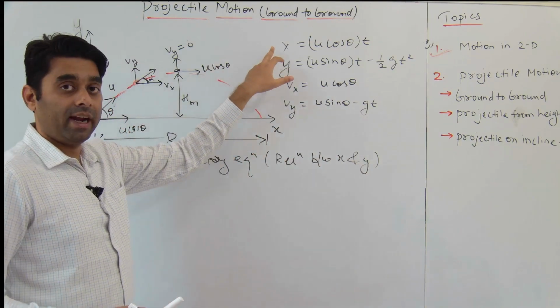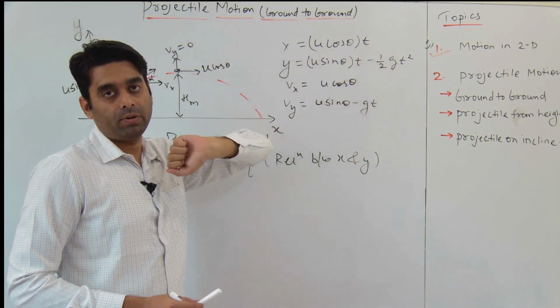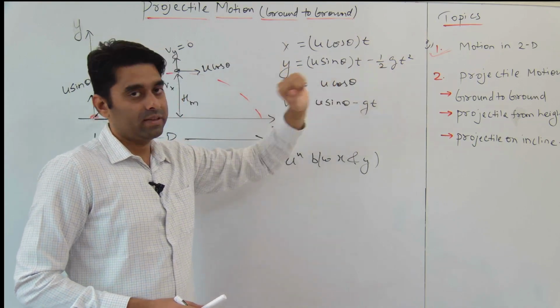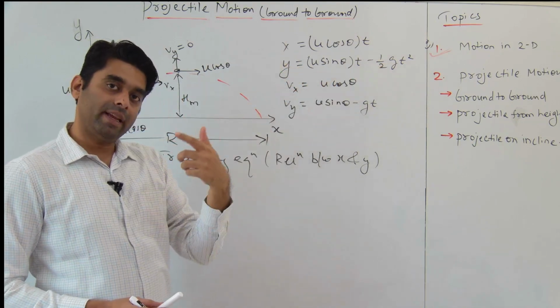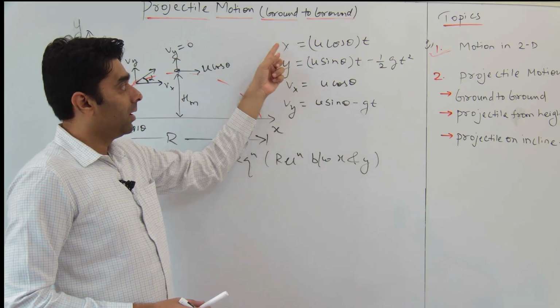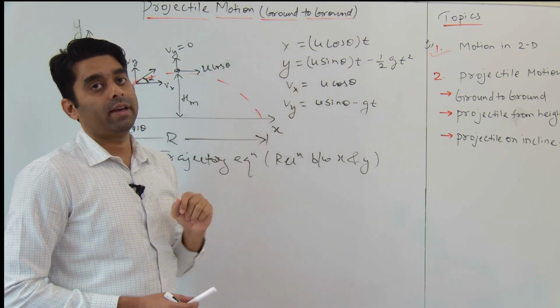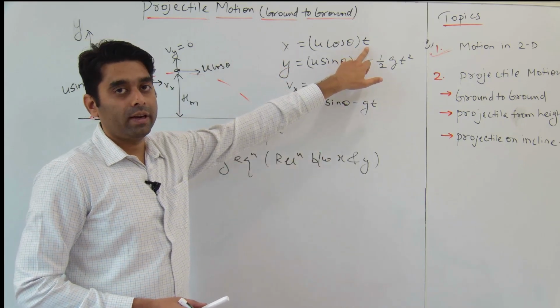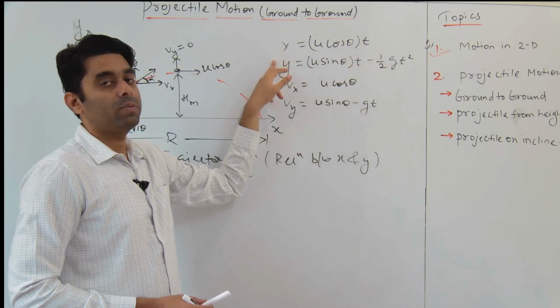At any time t, x is u cos theta into t, y is u sin theta t minus half g t square. To find the equation, t can be written as x by u cos theta.